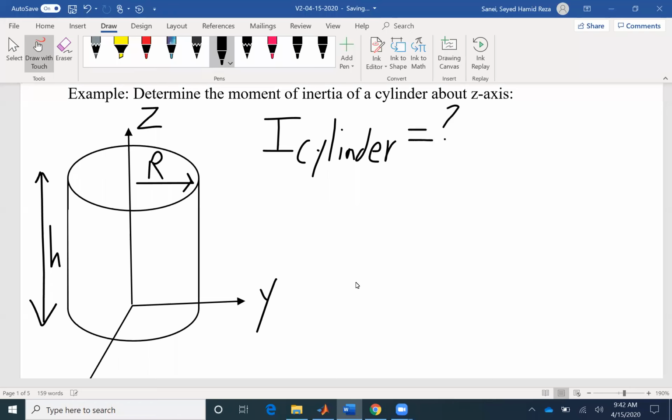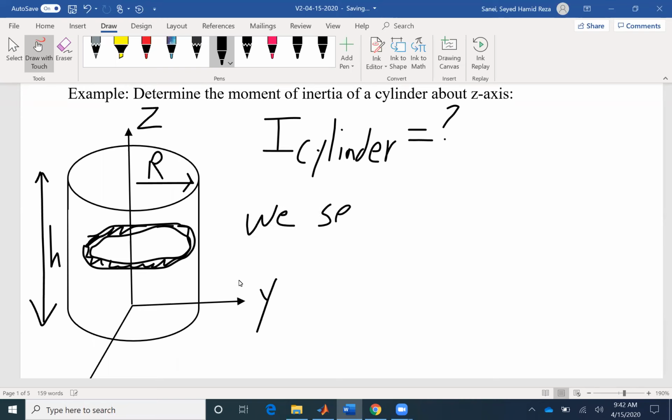First, we need to define a differential element, and I'm going to define a shell element.